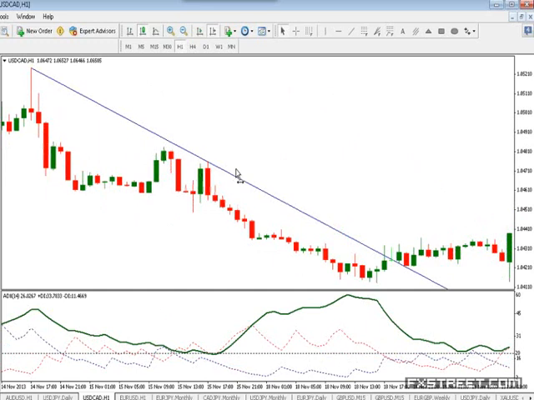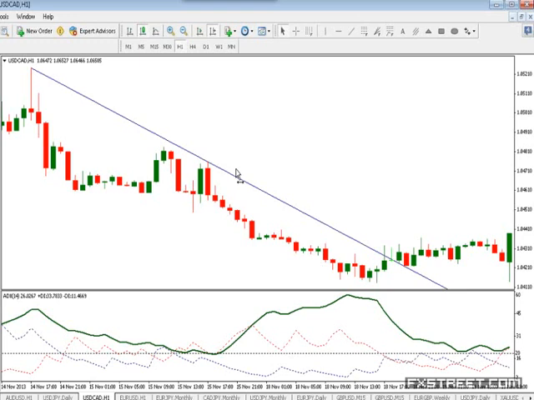Once your ADX crosses the blue DMI line, it is supposed to indicate that yes, your trend is pretty much strong. But what you are looking at is that your DMI lines are moving down.